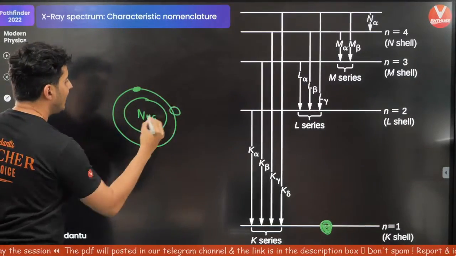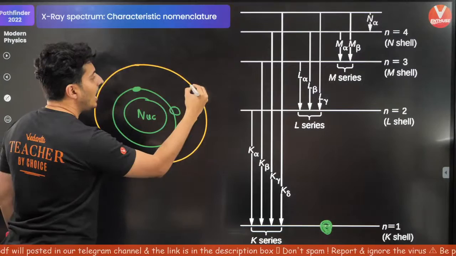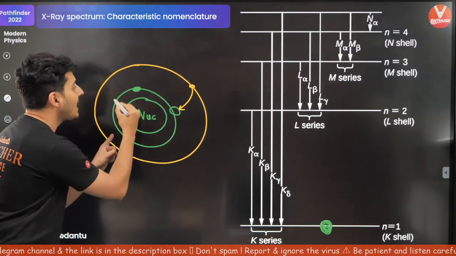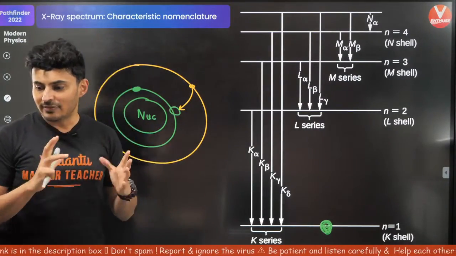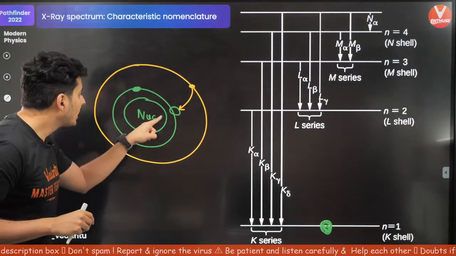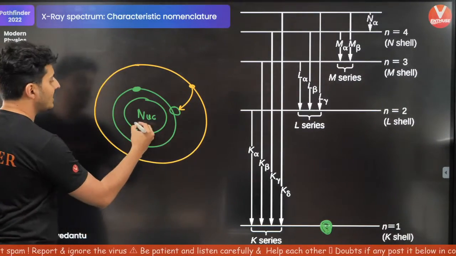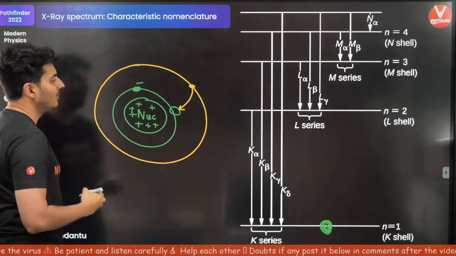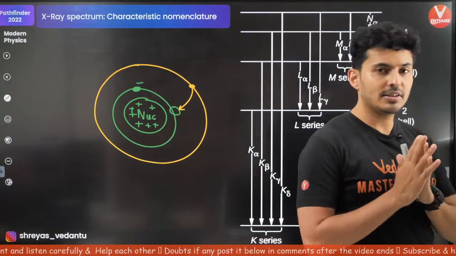There is one vacancy, and the electron from the higher orbit has jumped over here. So what is the effective charge of the nucleus? Whatever Z was there, minus 1. Because the nucleus obviously has positive charges and this electron has a negative charge. So one charge will be minused. I hope this makes sense.